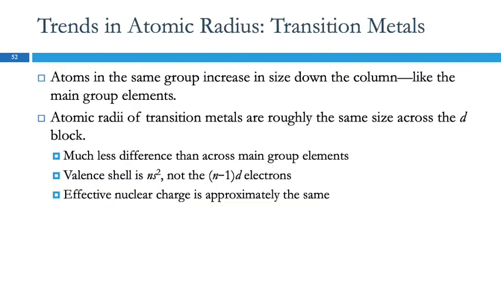Are the f block elements lumped in with the transition metals, or are they separate? That's a good question. Are the f block elements considered transition metals? I never thought about that. Well, we're definitely not going to be predicting any trends for the lanthanides and the actinides.